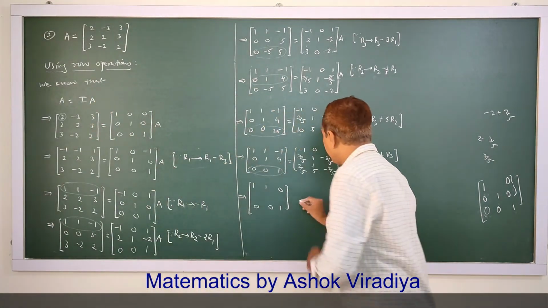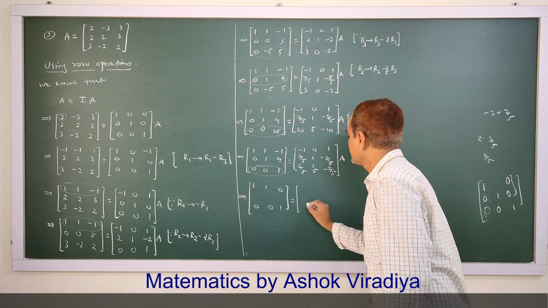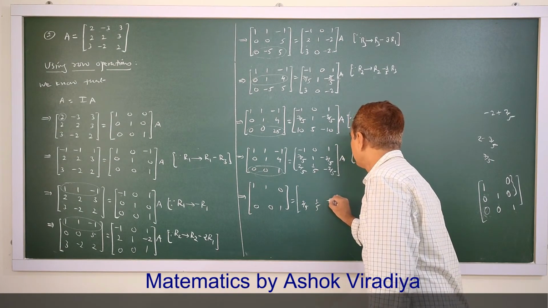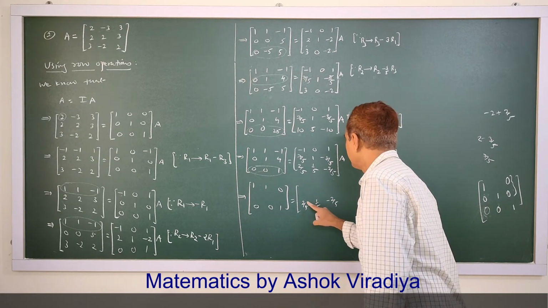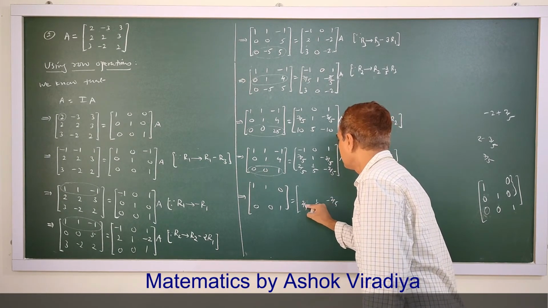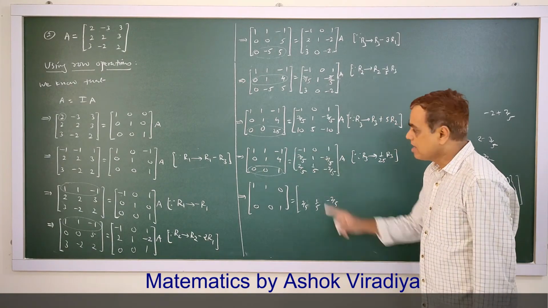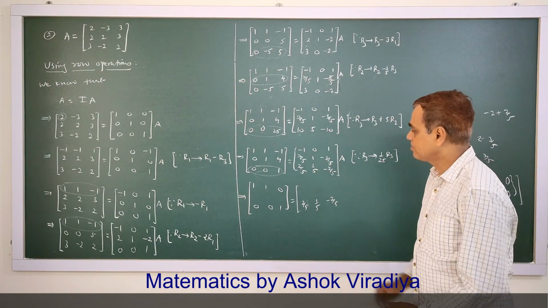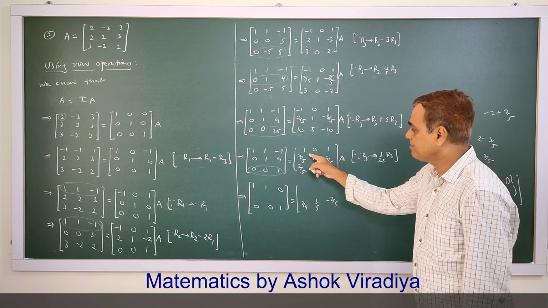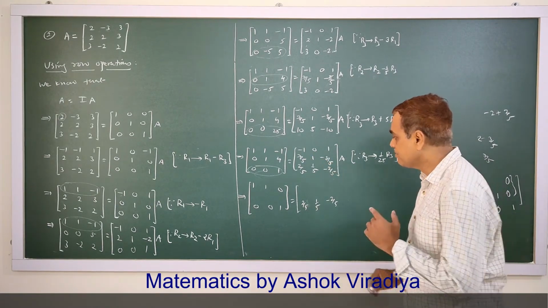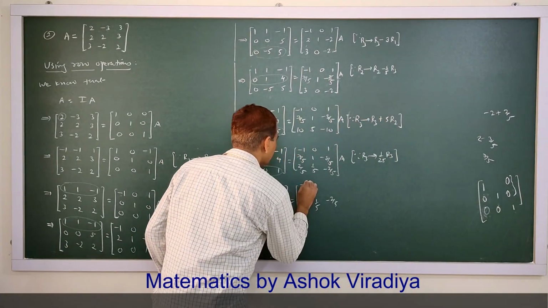Same procedure I do here. This is 2 by 5, 1 by 5, minus 2 by 5. Now this is added, so this number I am adding here. Minus 1 plus 2 by 5 is minus 5 plus 2, minus 3 by 5. So minus 3 by 5.